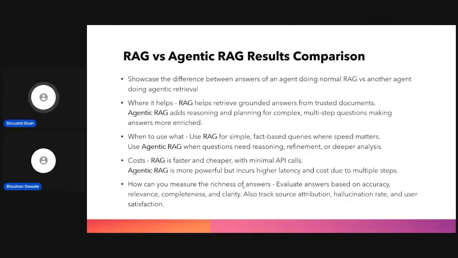There are evaluators which you can build to identify how your response was in terms of accuracy, relevancy, completeness, and clarity. You have to build those evaluators, implement them, and see which one was more accurate, RAG or Agentic RAG, based on the use case you are trying to build.